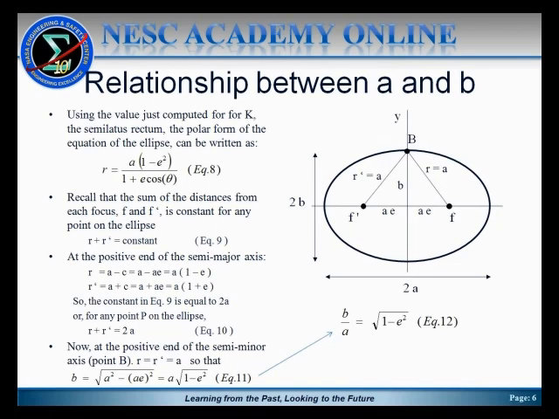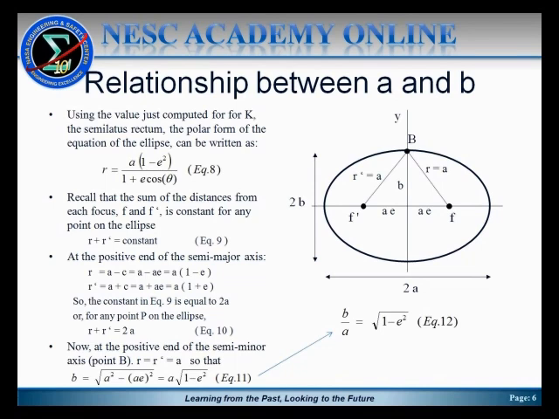we know that r plus r prime is equal to 2a. We also know that r prime equals r for that example shown. And why is that? Well, we see the two triangles in the ellipse there. The triangle from the primary focus F to point B has hypotenuse r, and is a triangle that has ae as its base and b as its height.